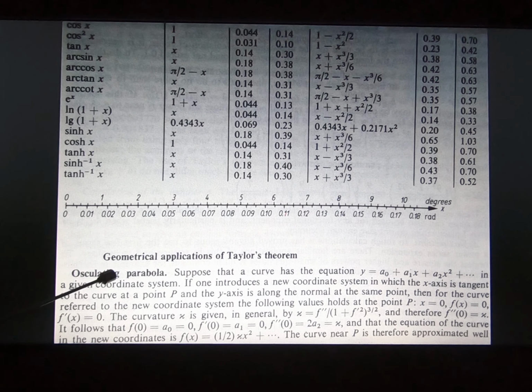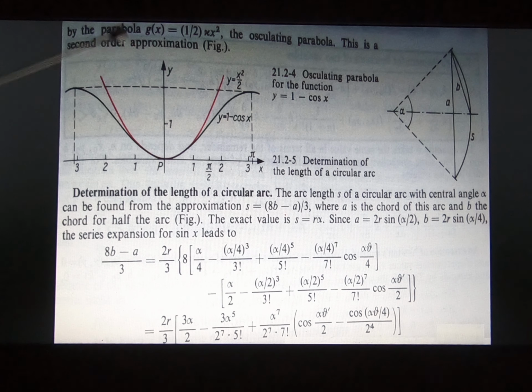So, some other application of the Taylor theorem: the curvature can usually be represented in this equation, and you can see basically y equal to 1 at this point p can be approximated by y equal to x squared divided by 2.